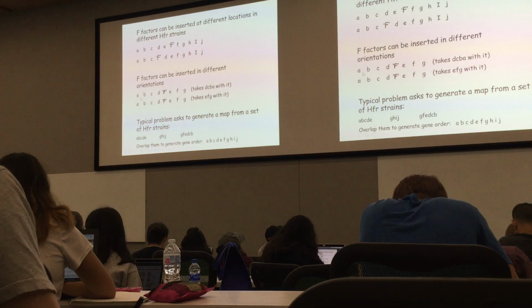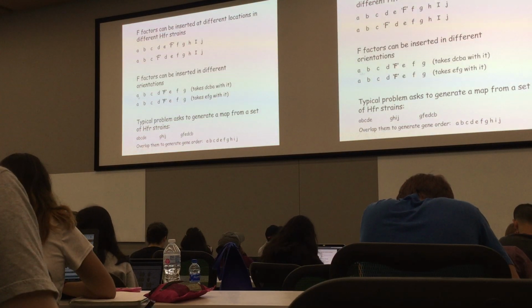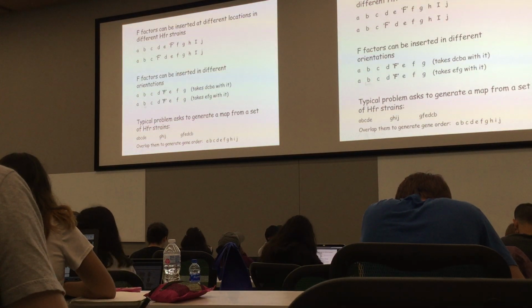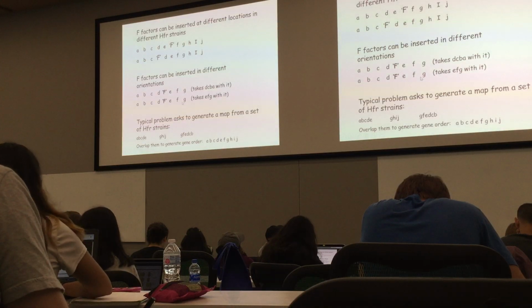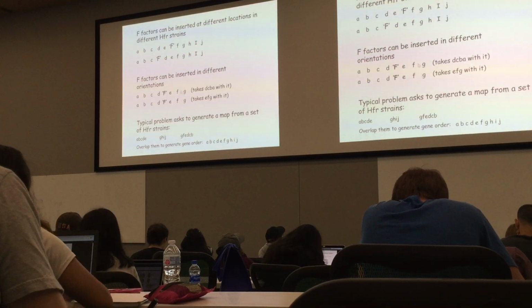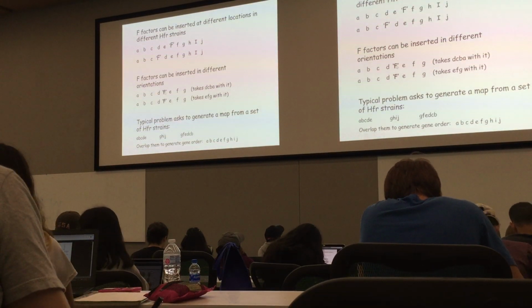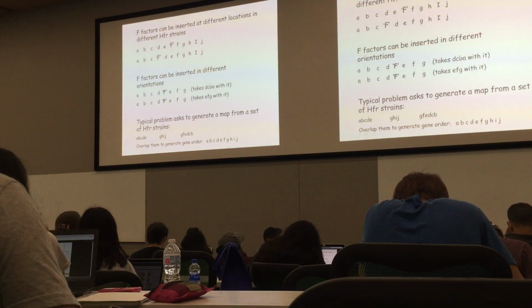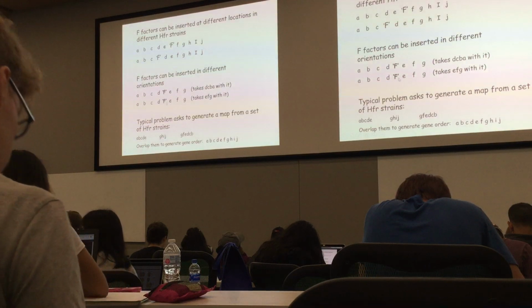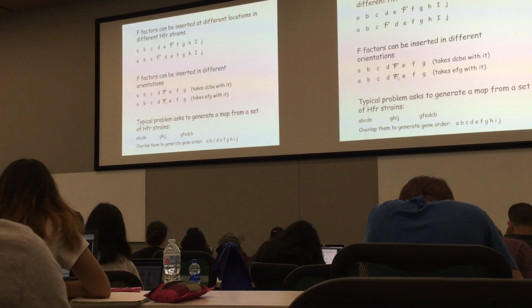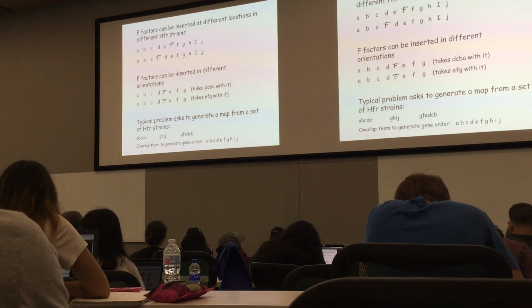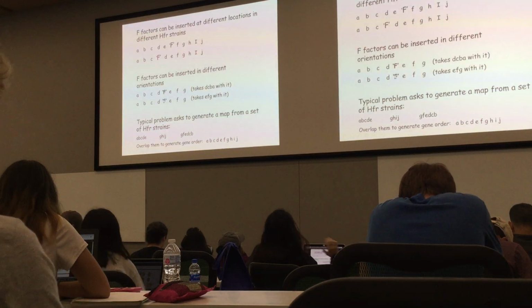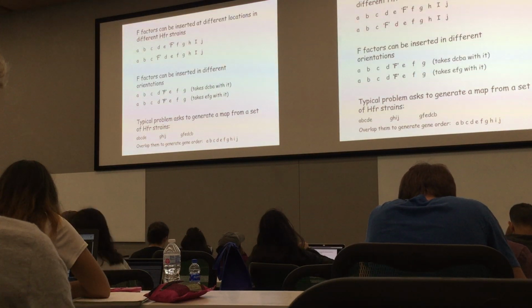Another point, F factor can be inserted in different orientations. So here we have a set of genes or regions, A, B, C, D, E, F, G, and the same here. Maybe these are two different Hfr strains, that's fine. And we notice the F factor is located between D and E in this strain and between D and E in this strain. But they don't have to be the same, because the orientation of the F factor in one of them can point one direction and the other can point the other direction.